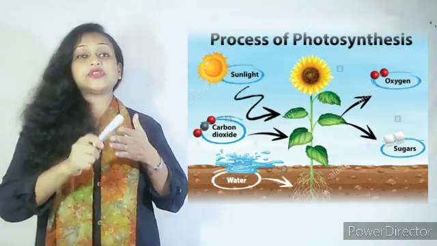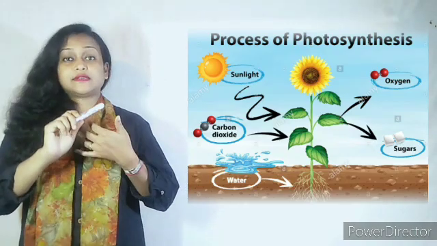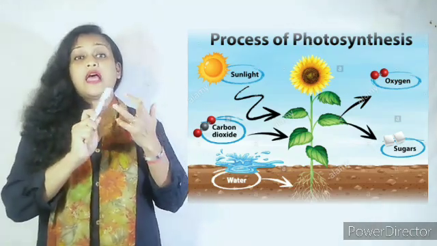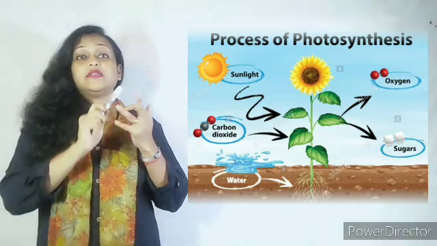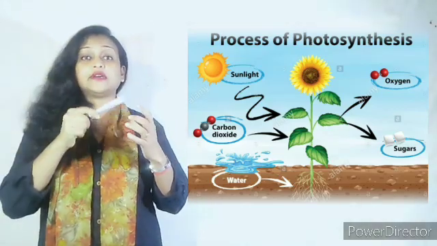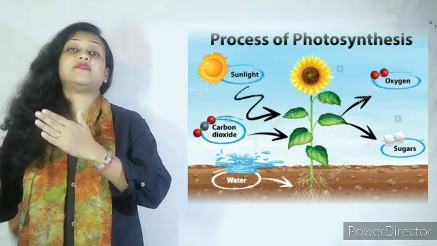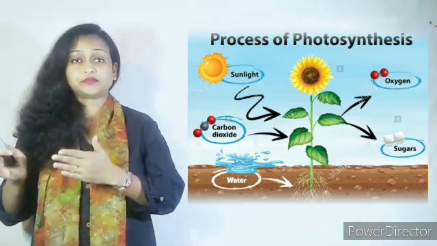When there is a reaction between all these four components, that is water, sunlight, chlorophyll and carbon dioxide, they mix together to form the food for the plant, which is in the form of sugar.